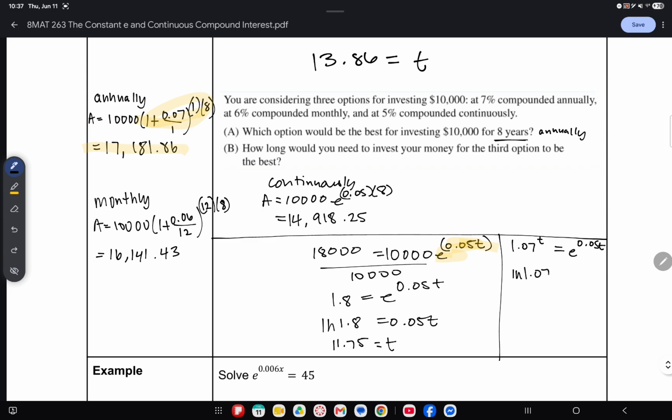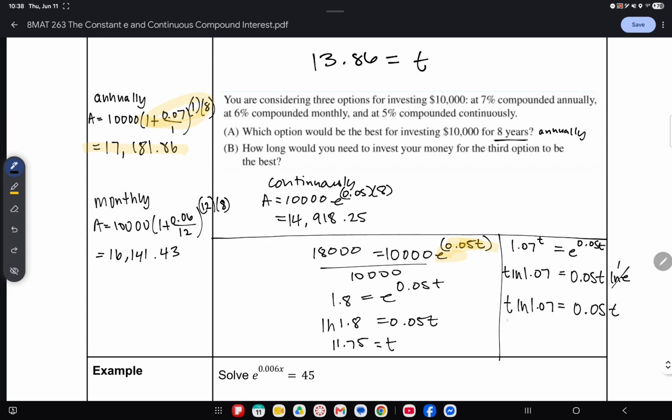So let's see, we can take the natural log of both sides. So natural log of 1.07, I'll bring the t out front. And then we'd have 0.05t, which is natural log of e, which is just 1. So we'd have t times natural log of 1.07 equals that 0.05t. But if I try to get the t's on the same side, let's see what happens.